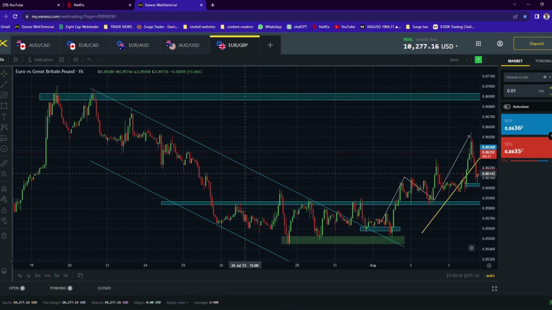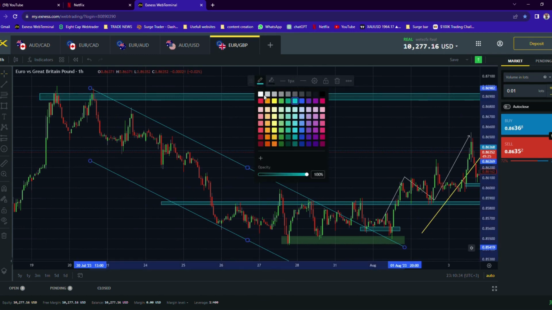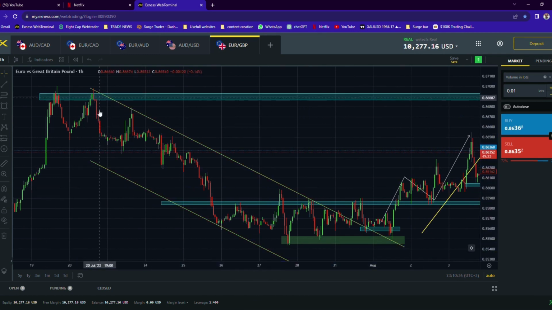As you can see right here, I'm going to change the color to yellow. These 2 lines indicate a parallel trend, where price moves in a similar pattern, going to the upper line and the downward line as it moves in a certain direction, up or down. We started at 0.869 going down.